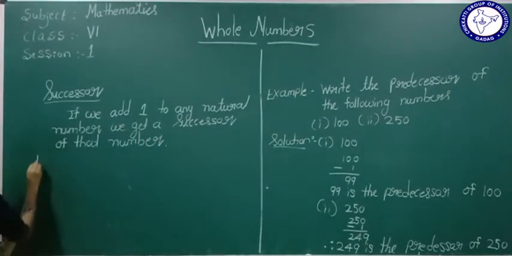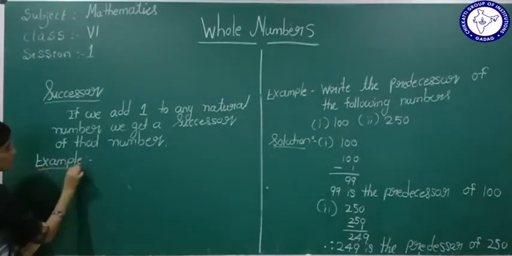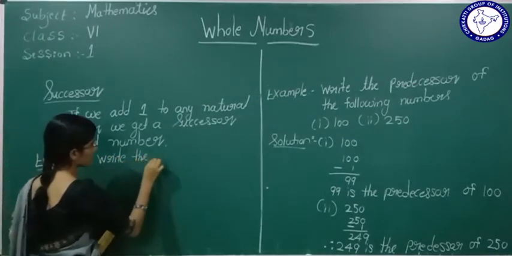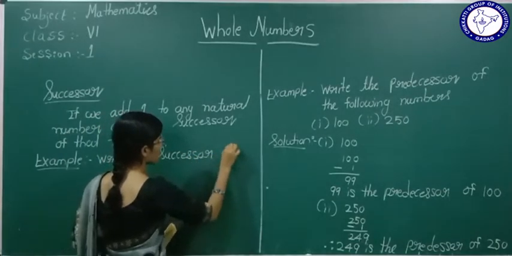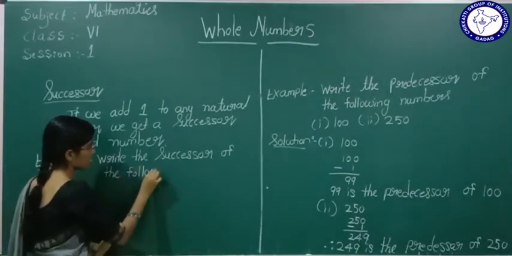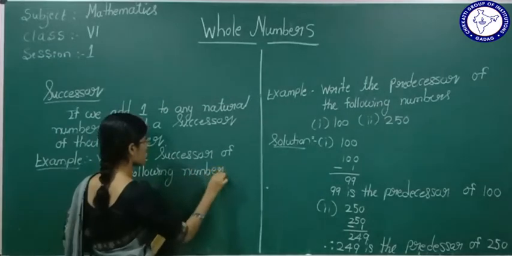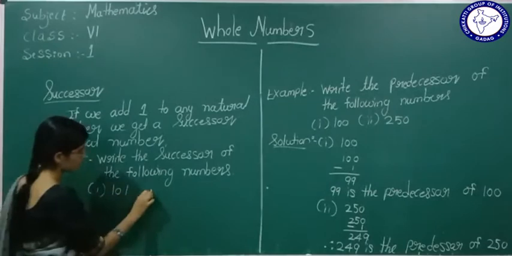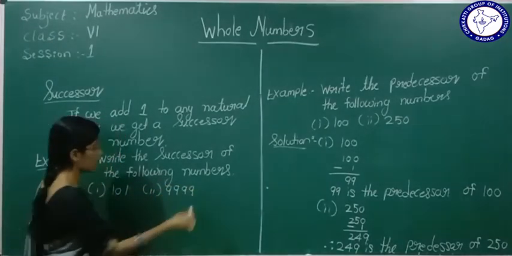Now see, example. Write the successor of the following numbers: 101 and 9,999.